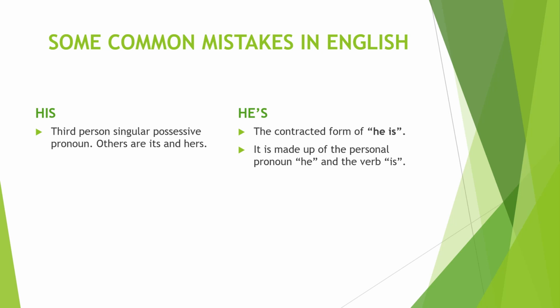We saw it's, I-T apostrophe S. Here we have he's. That is, he is. It is made up of the personal pronoun he and verb is. He is. Alright, so let's see how to use them.